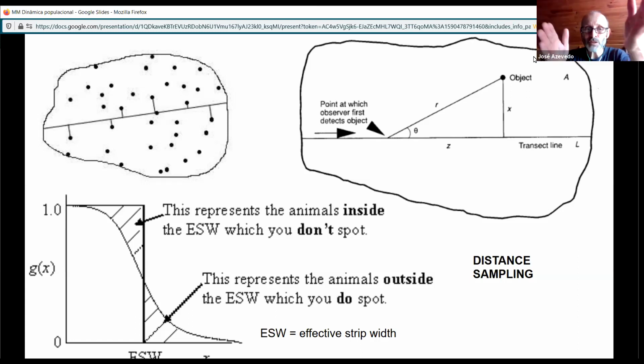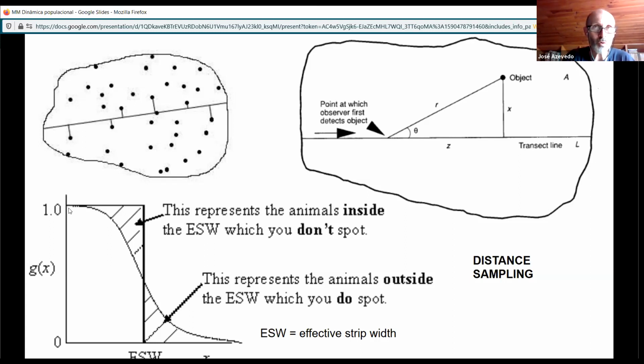The reason for this is that at the end, you want to have a distribution of the number of animals. So you want to calculate the distance from the animal to your transect line, so you can have a distribution like this one here. What does this mean?